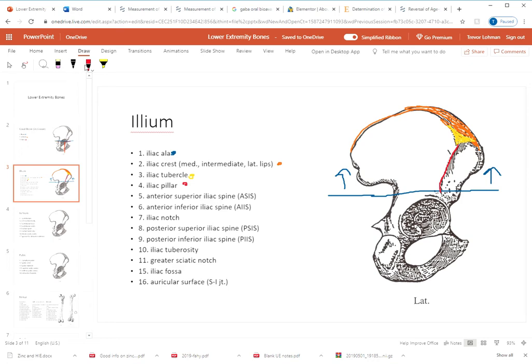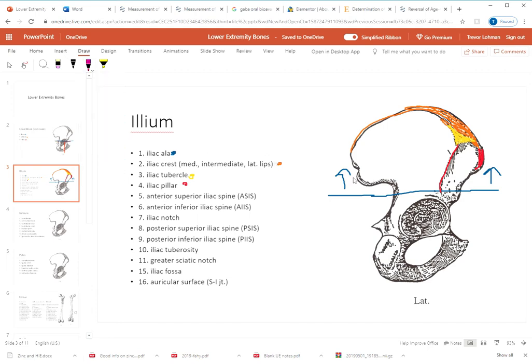Okay, so now we have the ASIS and the AIIS. So the full name of these, which is what you would need to use on a quiz, the first one is the anterior superior iliac spine. That's right here. You can definitely feel that. You have two bumps on the front of your hips, kind of by your inguinal ligaments. That topmost prominent one is called the ASIS, or anterior superior iliac spine.